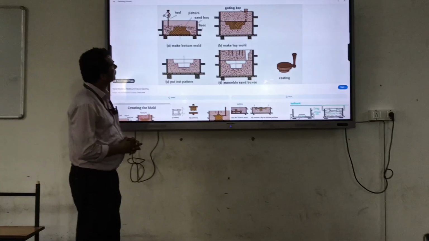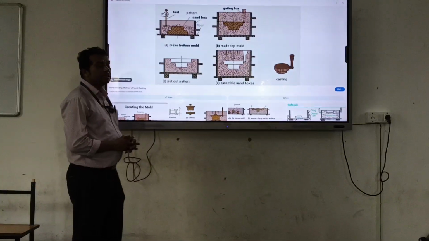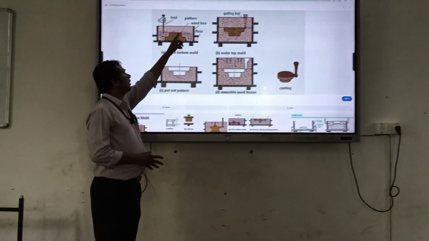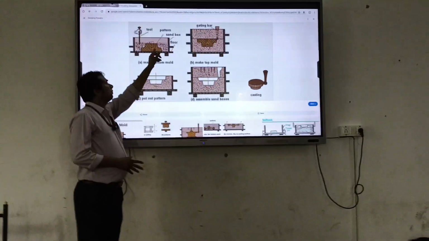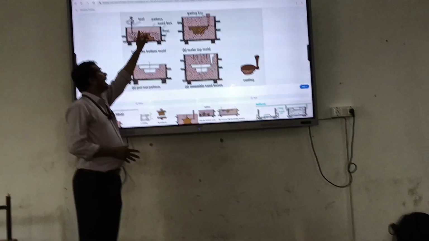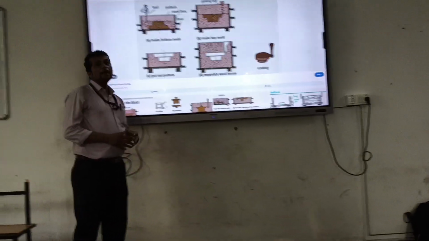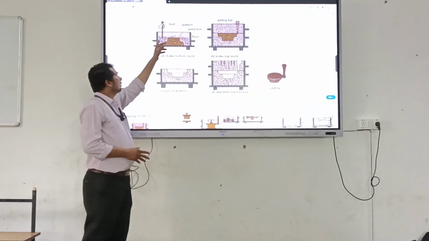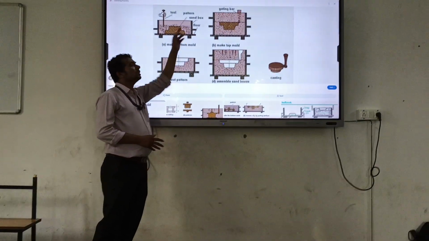After that, this mixed sand we are pouring over the pattern, and ramming is required over this sand.